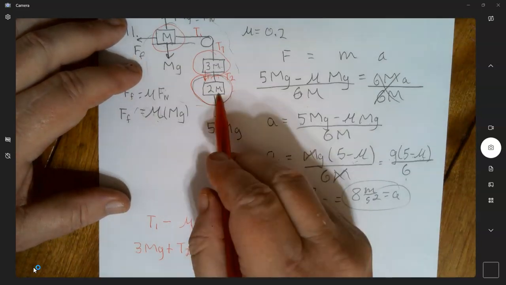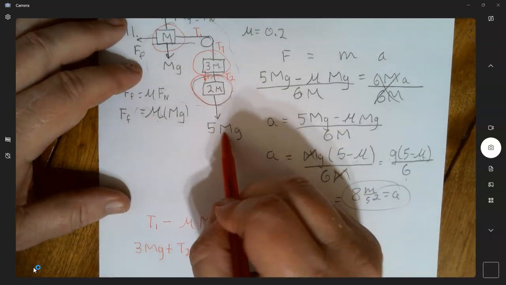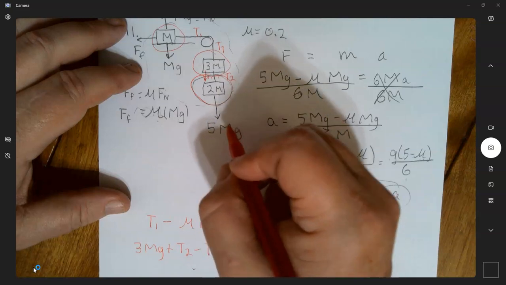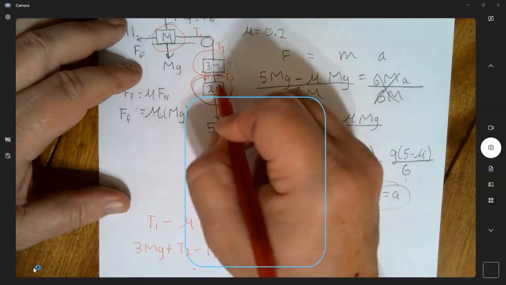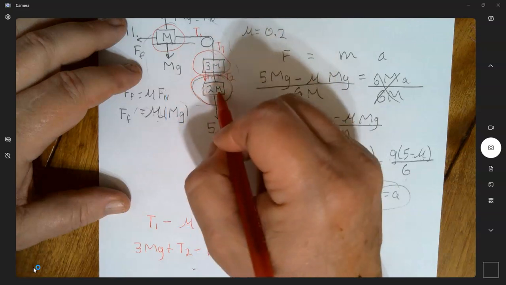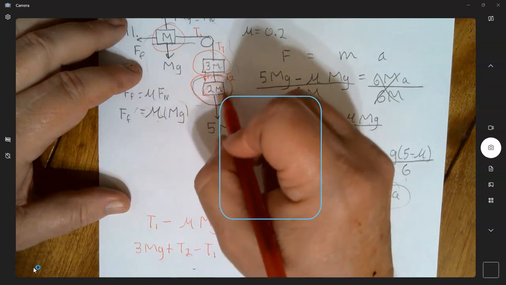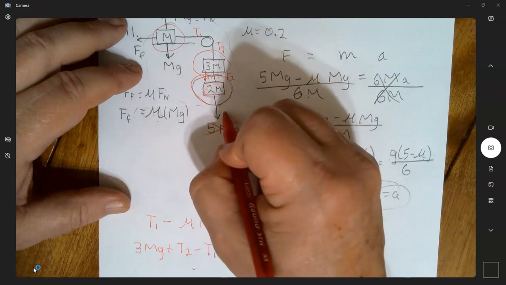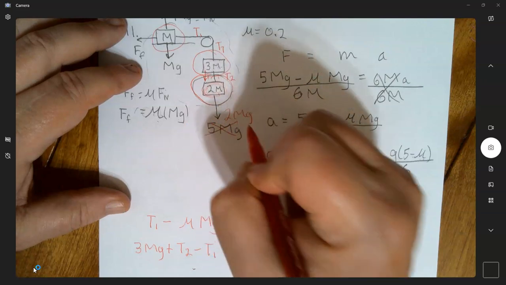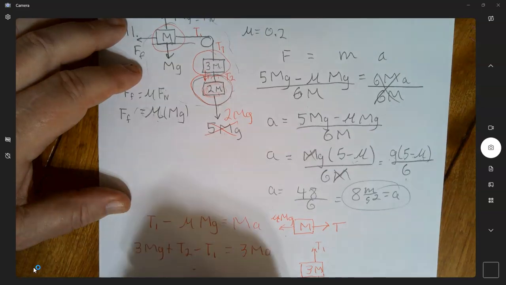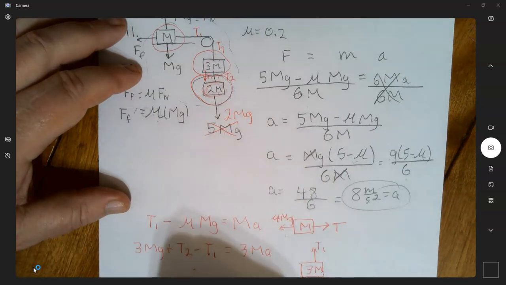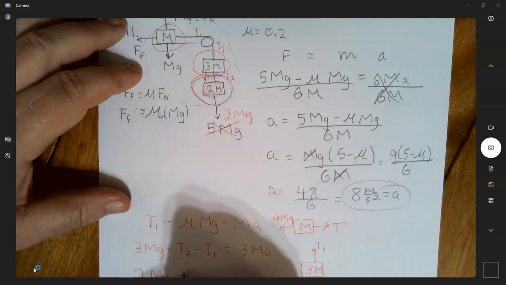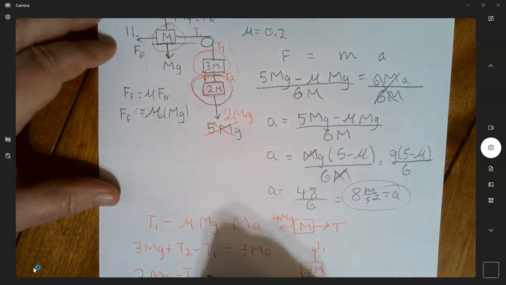Okay, last one is this one. Now it's not being pulled down with 5 mg anymore, it's being pulled down with just 2 mg. We're only analyzing this block, not the one up above anymore. So 2 mg is the downward, so I'm going to cross that out and call it 2 mg when we do the individual systems. And it's being pulled up by T2, and that equals 2m a.